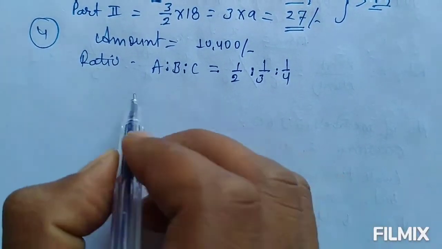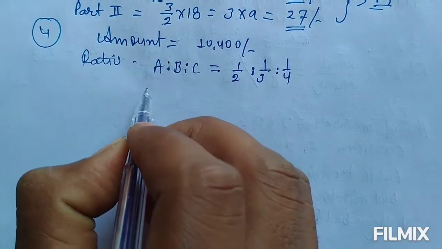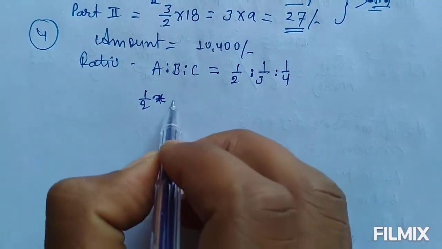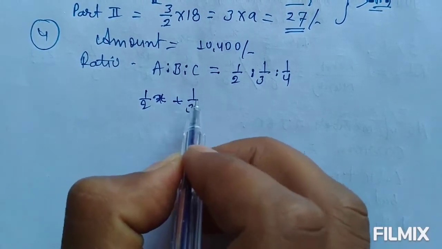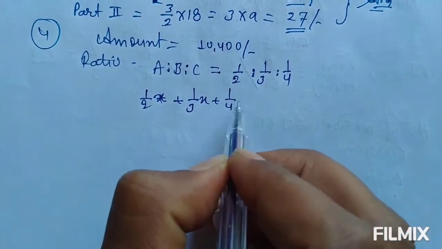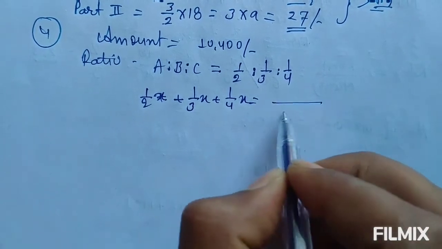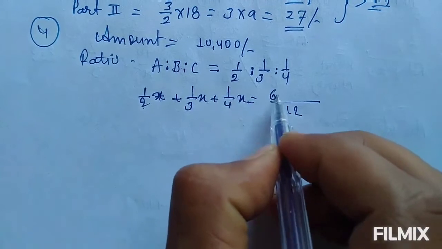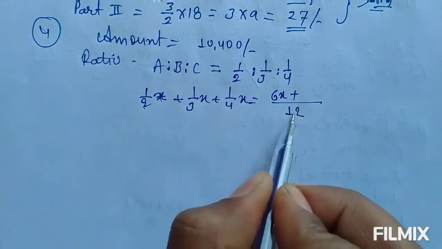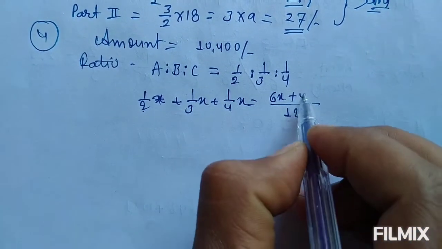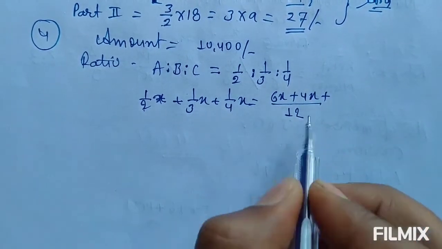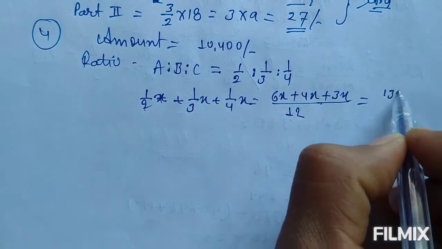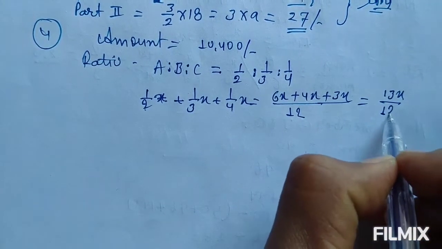First of all, add them, means A plus B plus C equals 1/2x plus 1/3x plus 1/4x. Its LCM will be 12. 2 sixes are 12, so 6x; 3 fours are 12, so 4x; 4 threes are 12, so 3x. This equals 13x upon 12.